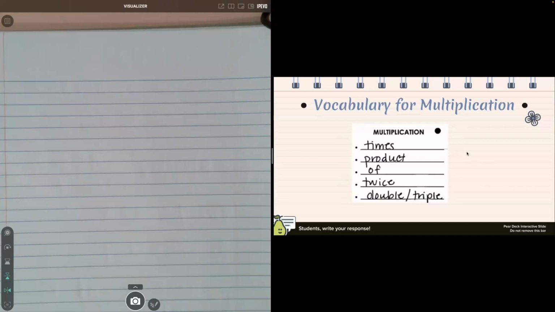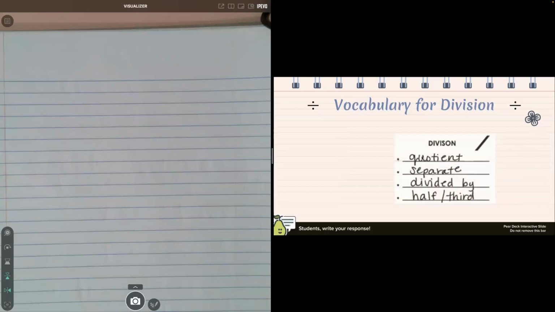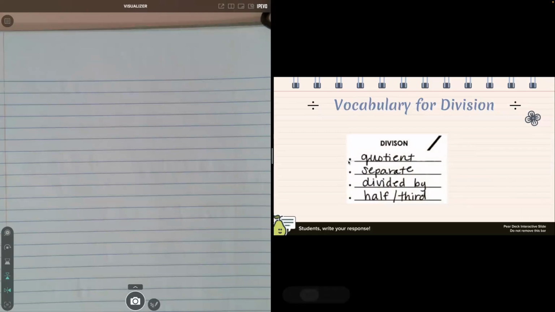Those are commonly used to signal multiplication. For division, we see a lot of quotient, the result of division, separate into groups. We know we have to divide, divided by, and half or a third, right? Divided by 2, divided by 3, the signal that we are going to divide something.